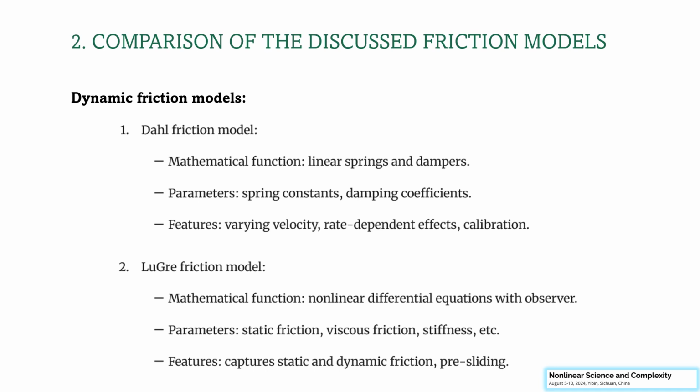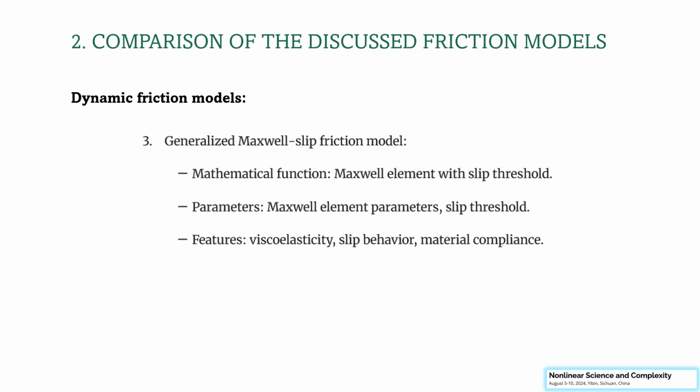In parameters, we enumerate static friction and viscous friction, and the features capture static and dynamic friction and also pre-sliding. Generalized Maxwell slip can be also interesting because in the features we could enumerate viscoelasticity, slip behavior, and material compliance.